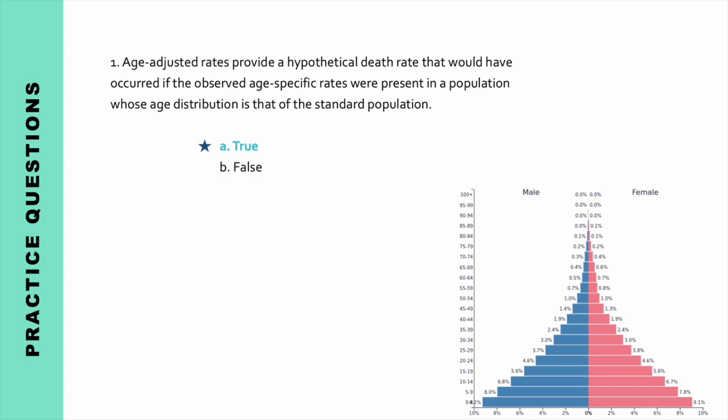It's important to remember that adjusted rates are fictitious rates you're creating in order to make a comparison between two populations. A standard population created for the purposes of age adjustment doesn't actually exist anywhere in the real world. So you can't use those rates for any other purpose besides making a comparison between those two specific populations.